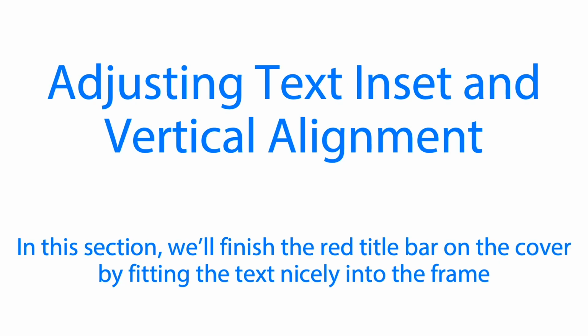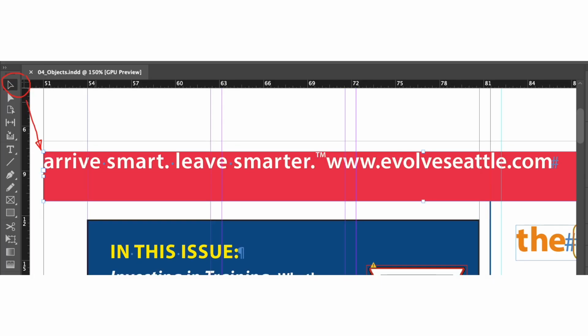Next, we'll adjust text inset and vertical alignment. In this section, we'll finish the red title bar on the cover by fitting the text nicely into the frame. So we'll zoom in and select the red text frame by using the selection tool, as I have indicated there.